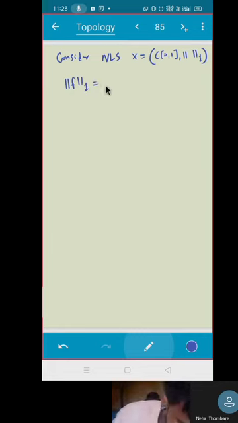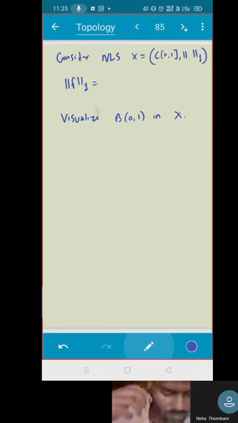Can somebody tell me what this is defined as? How is this norm f1 defined?